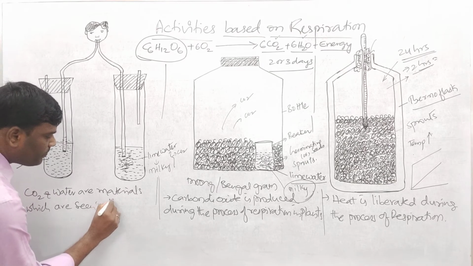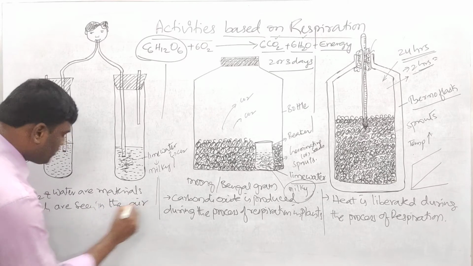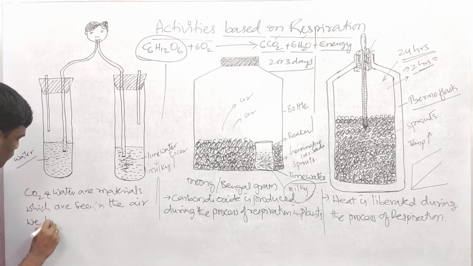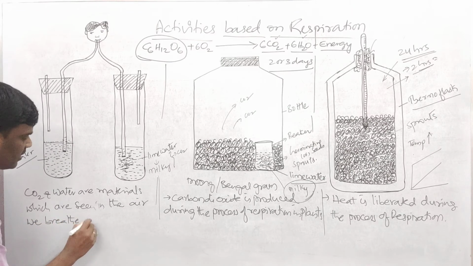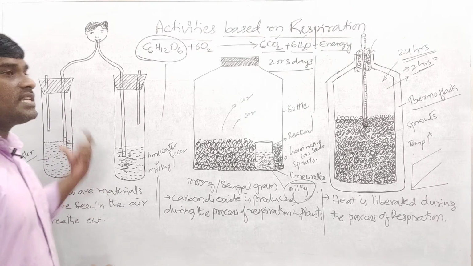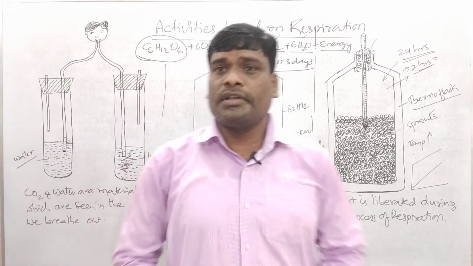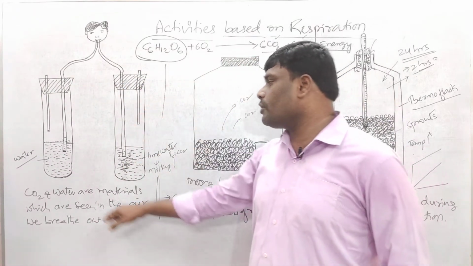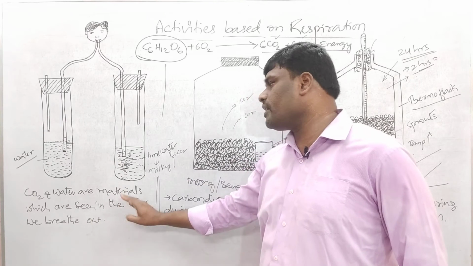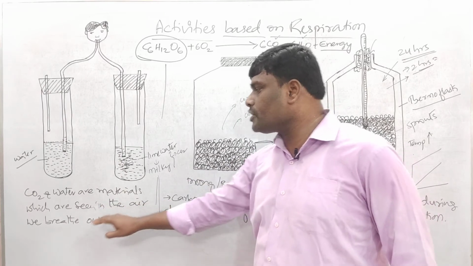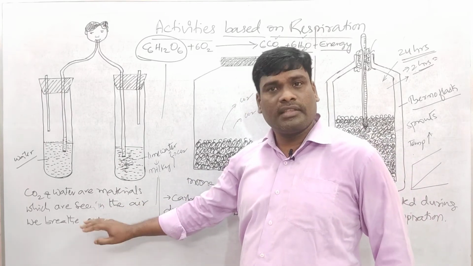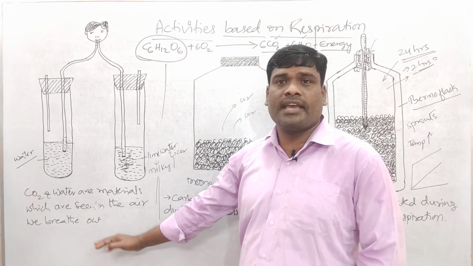In the air we breathe out, children. Okay, breathe out. So this is an activity, children. Got it? So the first activity shows that carbon dioxide and water are the materials which are seen in the air which we breathe out, children, in human beings or in any other organisms.